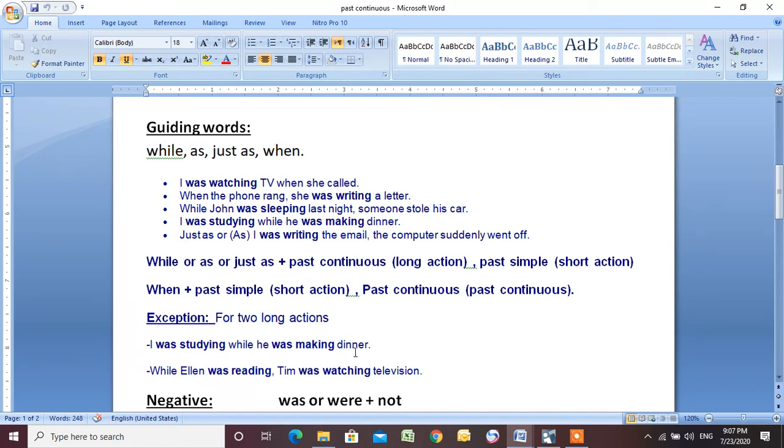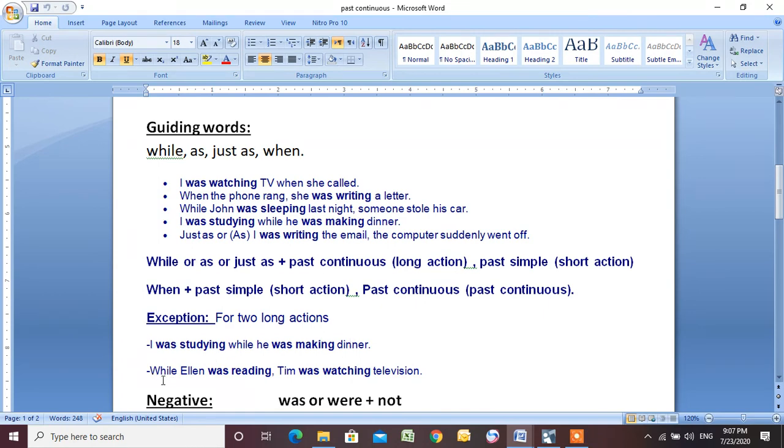Making dinner is a long action and studying is a long action. That's why I put in both sentences the past continuous tense. And here I don't have another short action that interrupted these actions. So they are only two long actions.